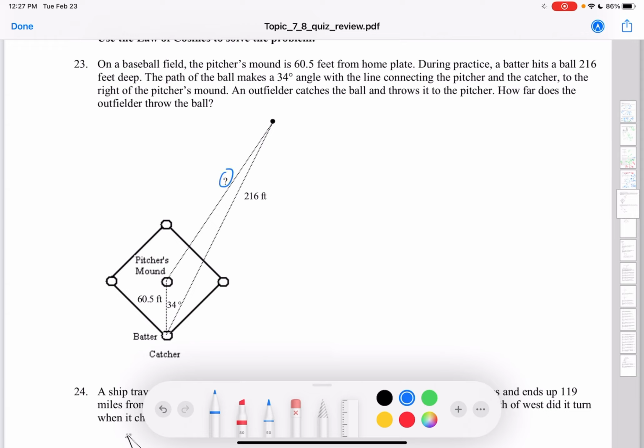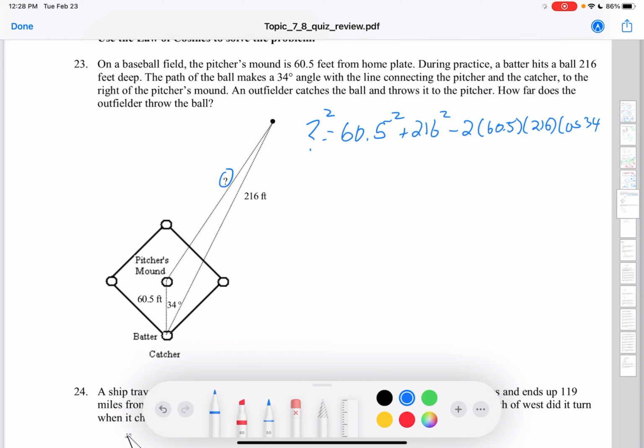So we've got side angle side, so this is the law of cosines. Question mark squared is going to equal 60.5 squared plus 216 squared minus 2 times 60.5 times 216 times the cosine of 34.